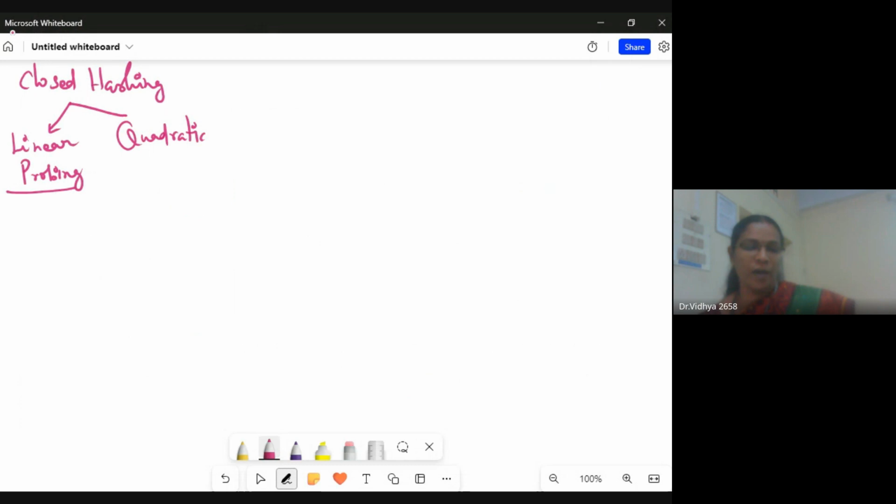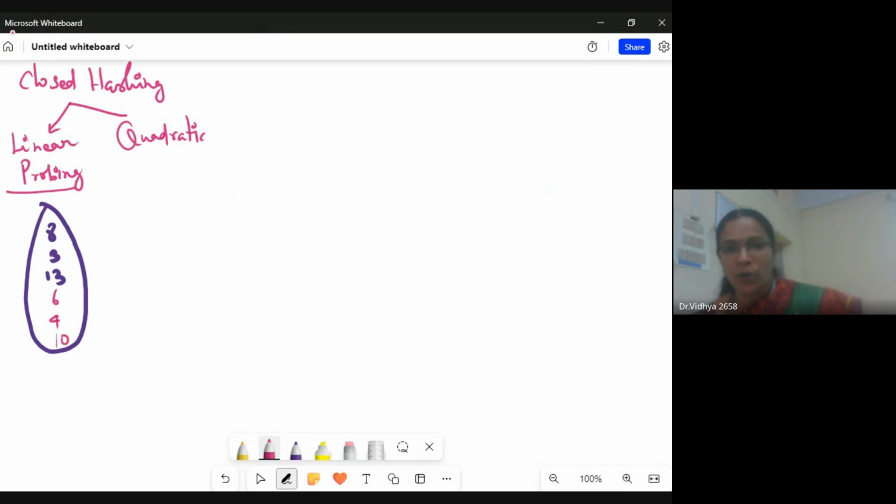Same key space I am taking here: the elements 8, 3, 13, then I'm choosing 6, 4, then 10.